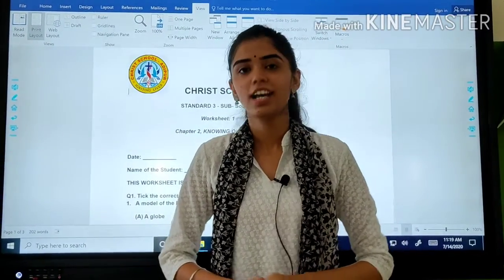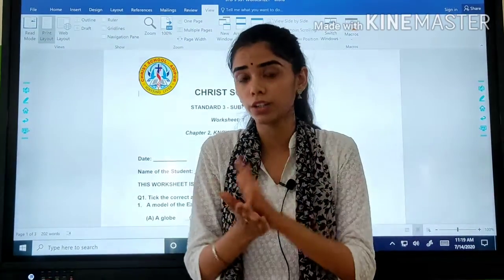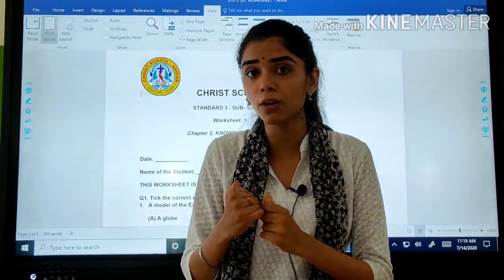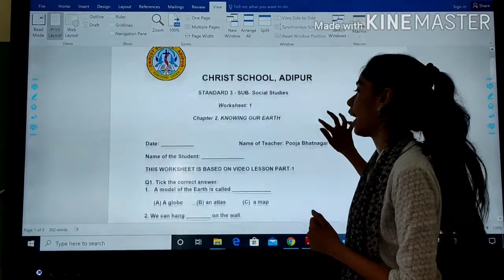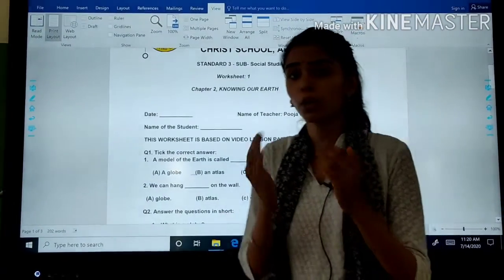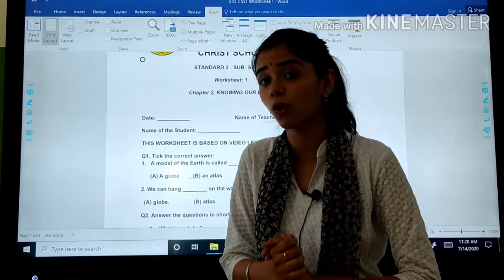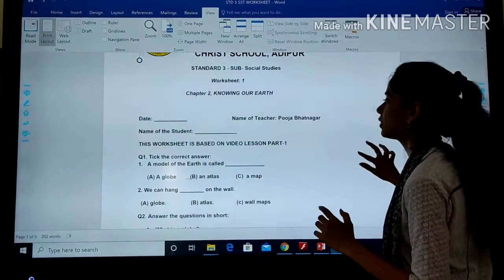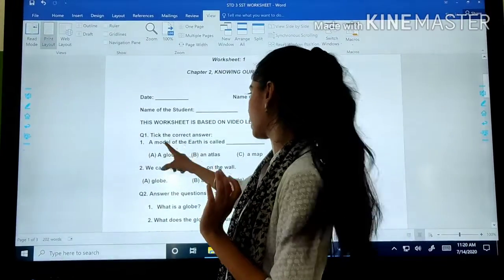Okay children, now onwards I may not be able to provide the worksheet in the hard copy, paper form में नहीं दे पाऊंगी. Okay, so we will discuss the worksheet and you have to write the questions as well as the answers in your SST notebook. Okay, and I will check them. So you will write the question, that is the first one.